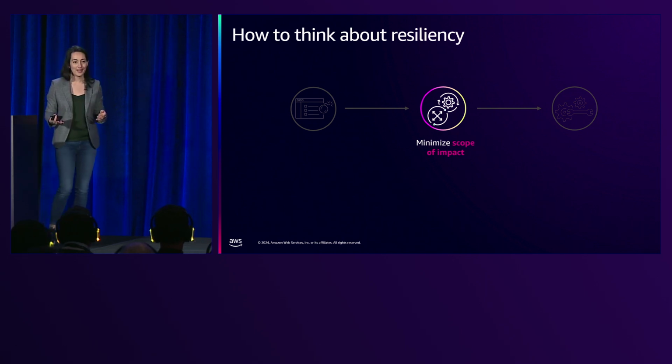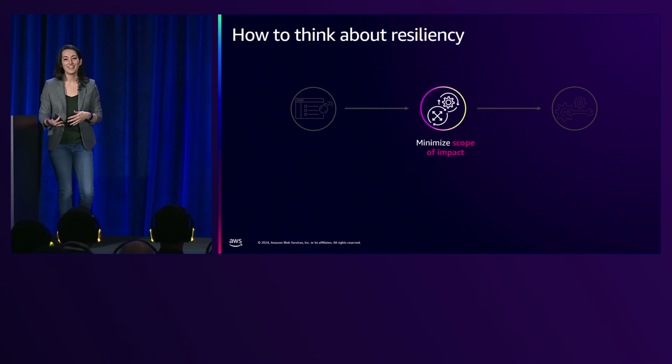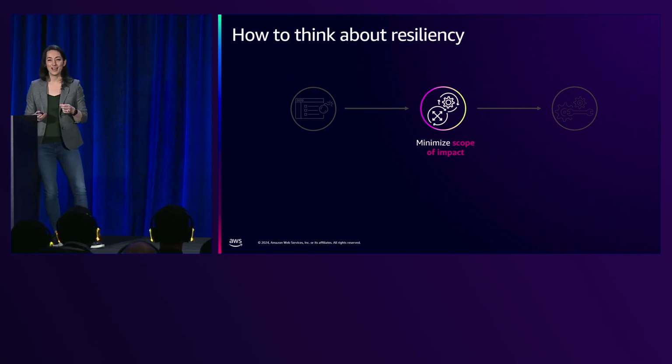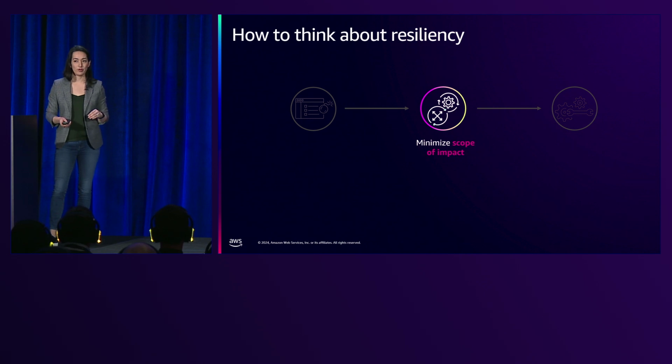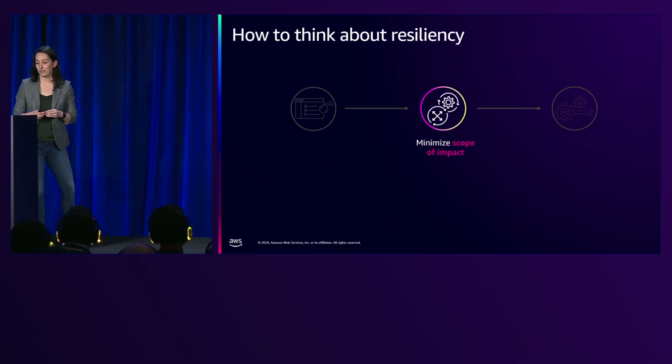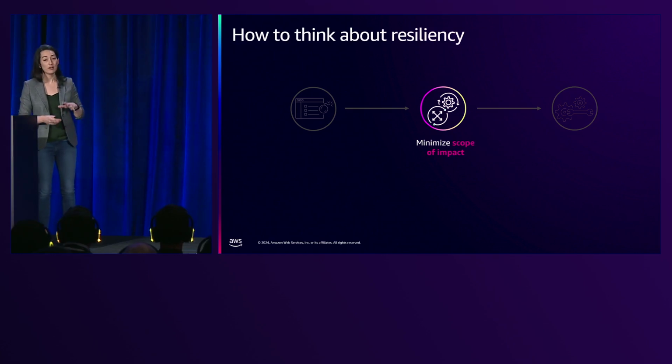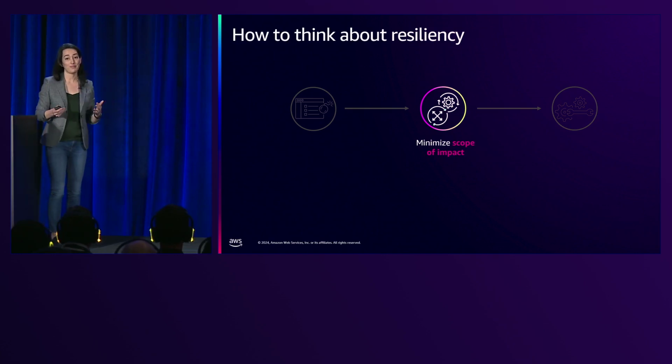And I would say that we've gotten really good at having a highly available and performant service. But it's still going to be really important for you to minimize that scope of impact in those rare cases that you do see a failure in your infrastructure. We want to make sure that, of course, you're minimizing that impact to your end customers.